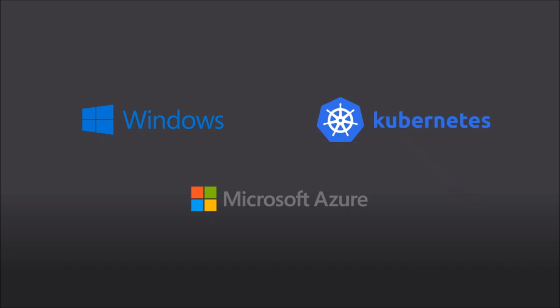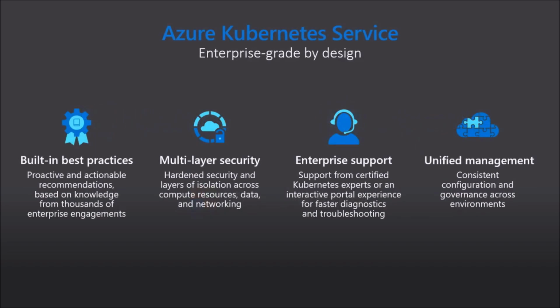Now, let me explain more about AKS, or Azure Kubernetes Service. AKS is a fully managed Kubernetes on Azure. It is an enterprise-grade platform due to the following. Built-in best practices with Azure Advisor and Azure Portal by providing actionable recommendations based on extensive engineering knowledge.